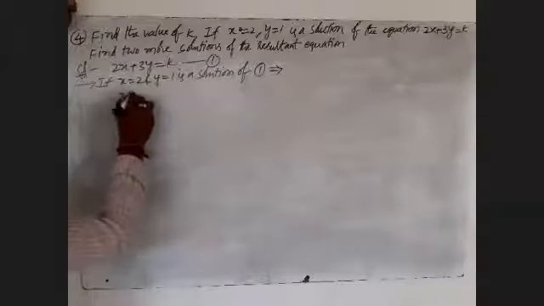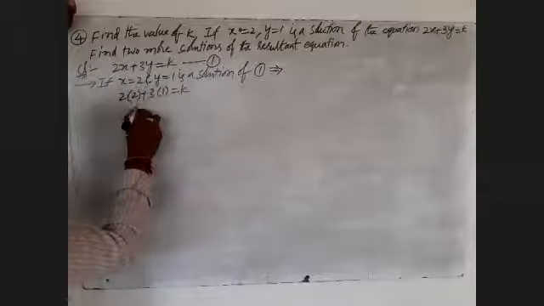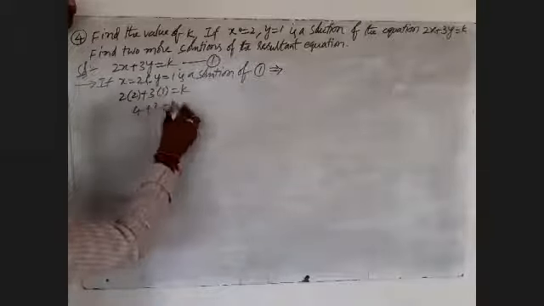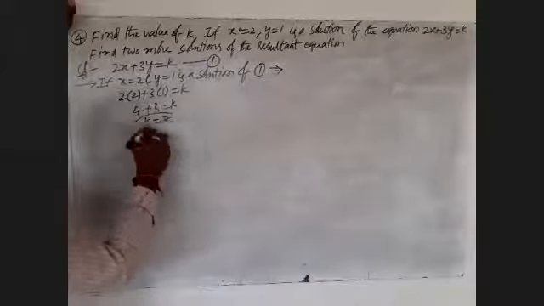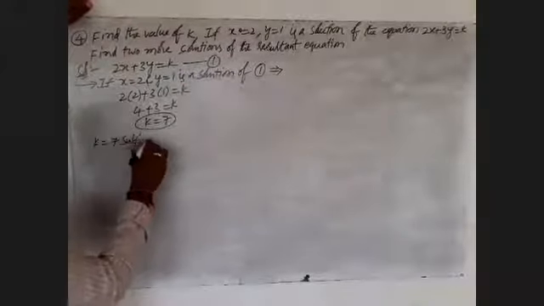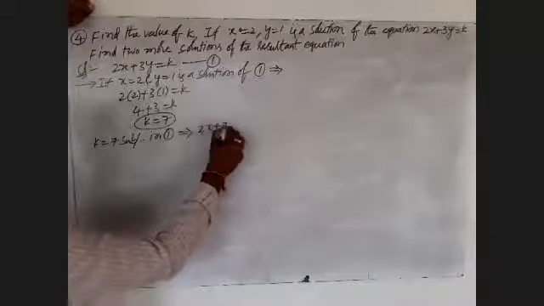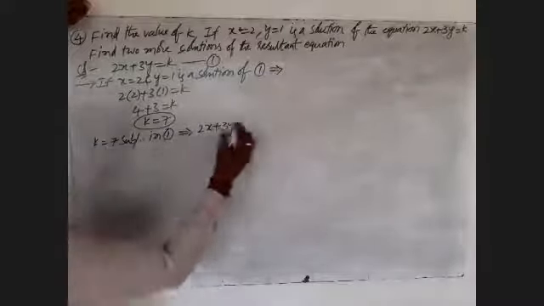I will write 2 into 2 plus 3 into 1 is equal to k, that is 4 plus 3 is equal to k, so the value of k is equal to 7. Substituting k is equal to 7 in equation 1, I will write 2x plus 3y is equal to 7.